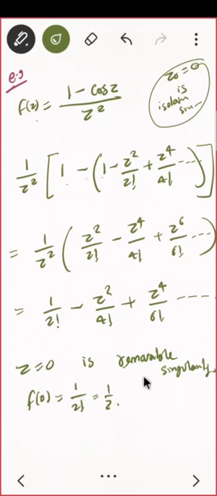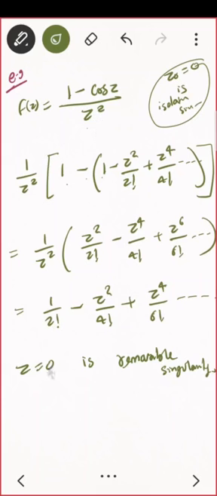So why is it called removable? If you assign this f of 0 equal to 1 by 2, then this will be an entire function. That's why it is called removable. That means if you assign the value of f of 0, it will be your analytic function. z = 0 is not a problem for that.